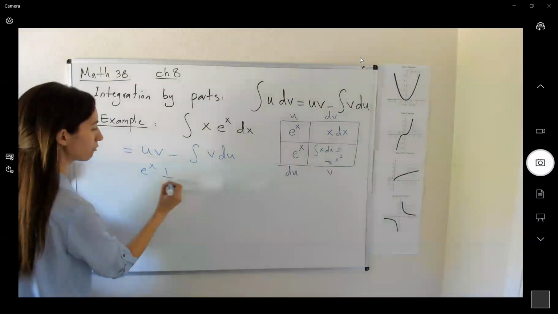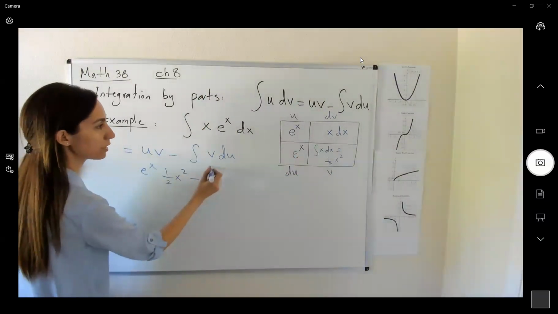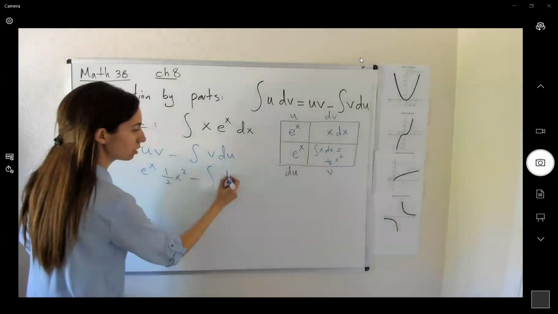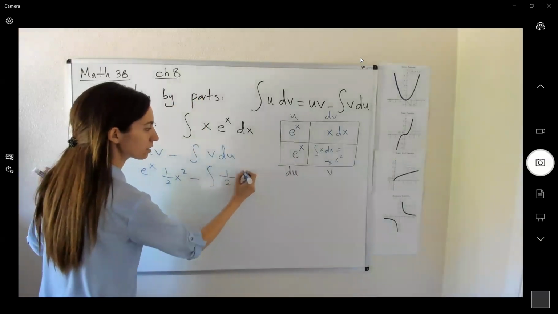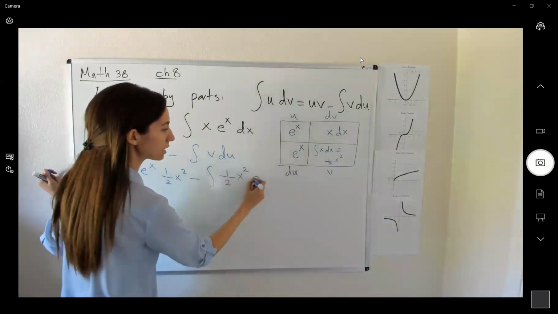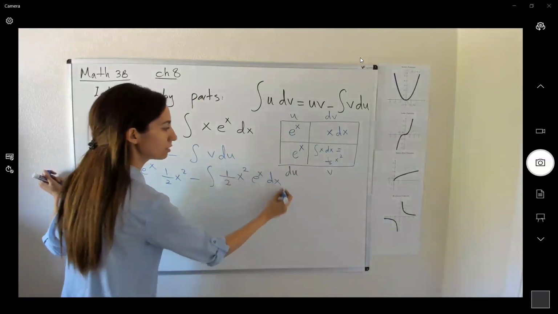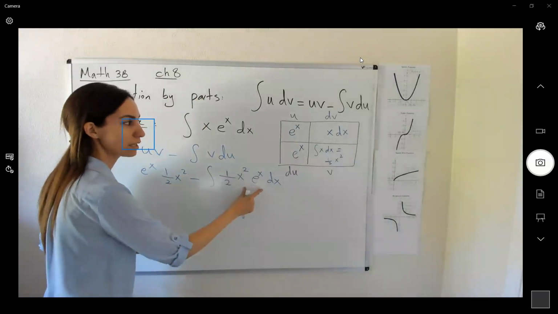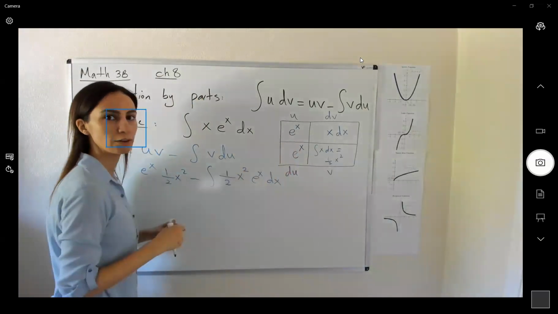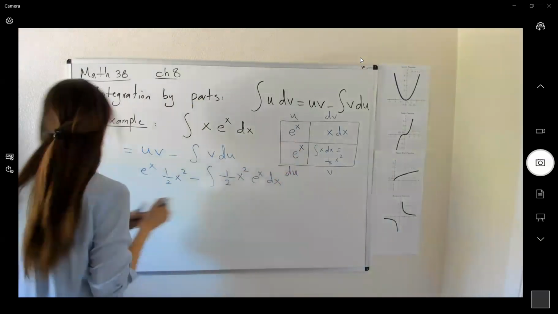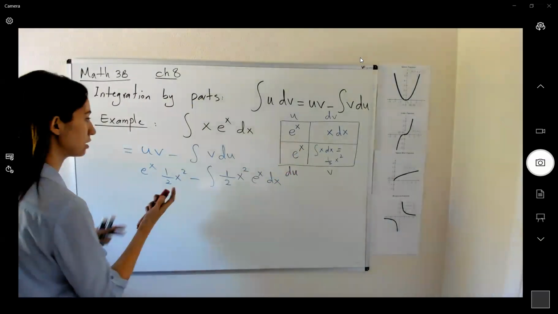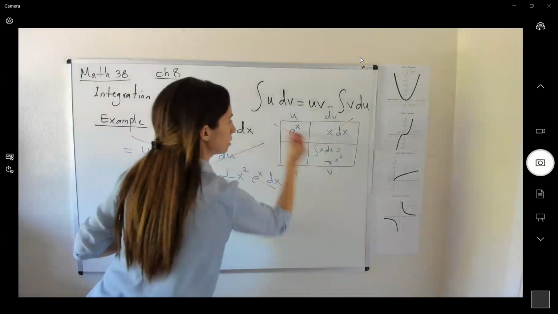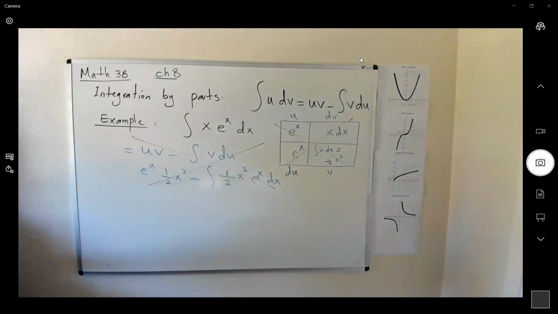It's a half x squared, minus the integral of v du. I created something with a higher exponent inside the integral. So now I know that this is not a good choice for my u.